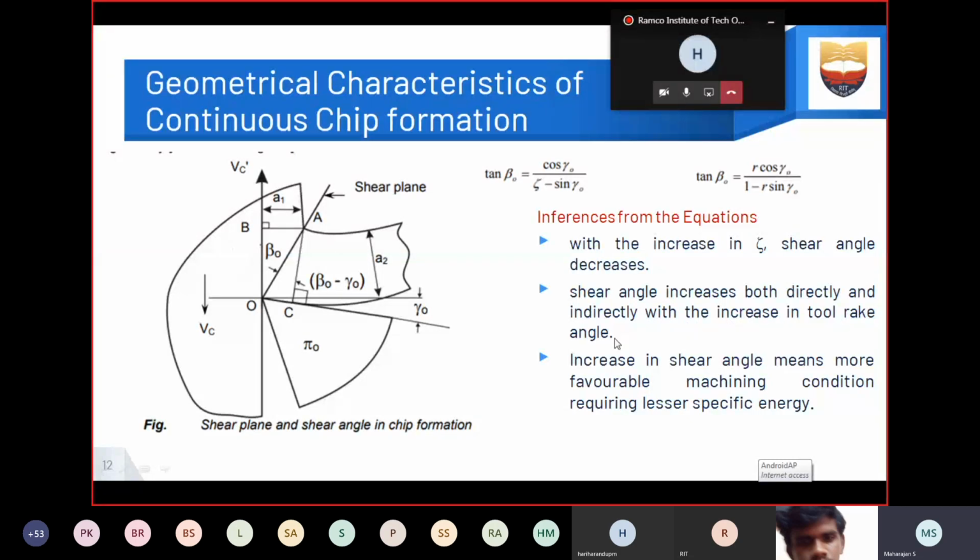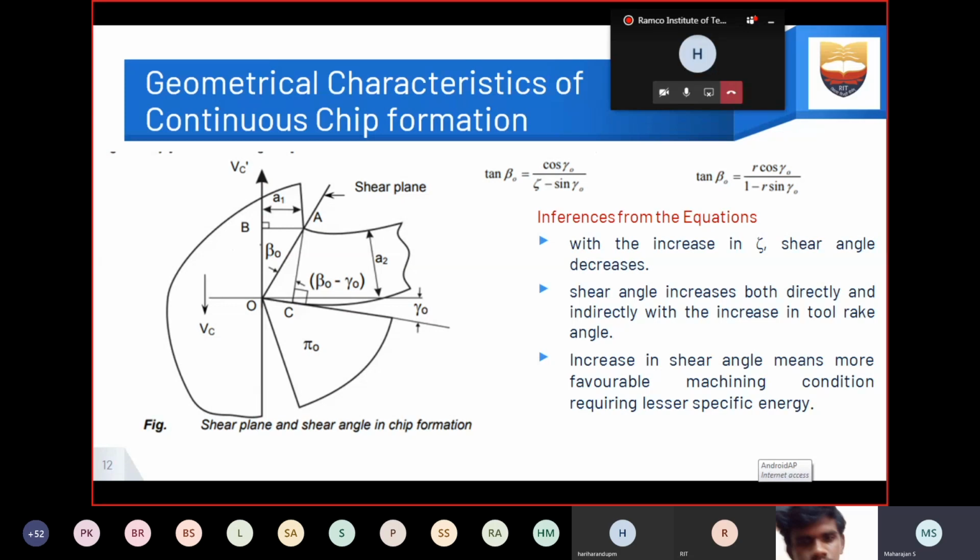So it's very clear that in ductile machining operation, the rack angle should be higher. Higher means it should not be too high. If it is too high, it will be detrimental and create some problems in the machining process. It should be about 8 to 12 degrees or 8 to 16 degrees.